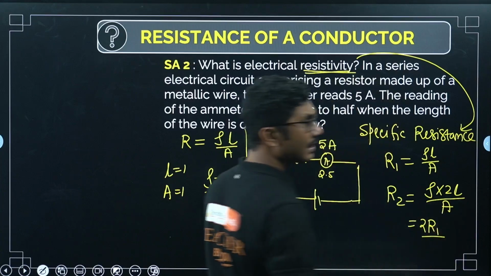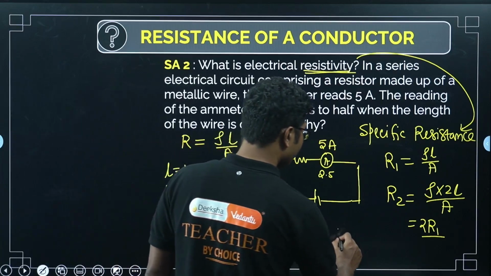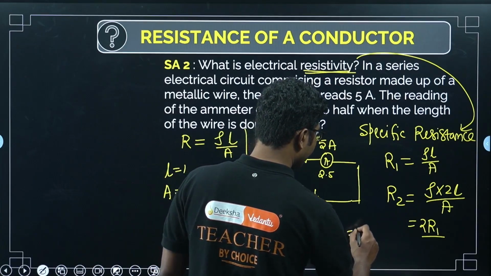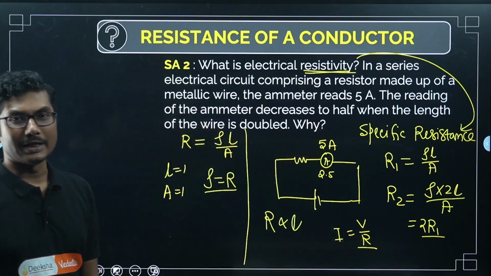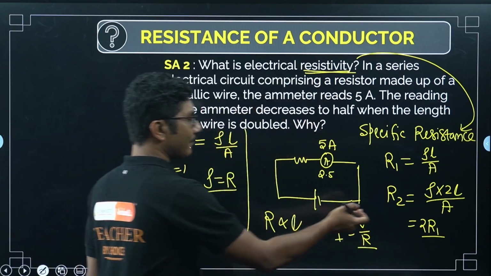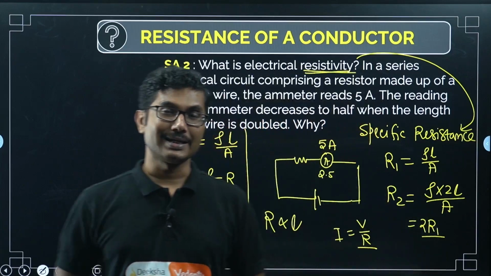So the resistance becomes doubled, that's why the current is now half. We also know from Ohm's law, I is equal to V by R. So if you increase the resistance, the current will decrease. If you increase the resistance twice as much, the current will decrease to half.